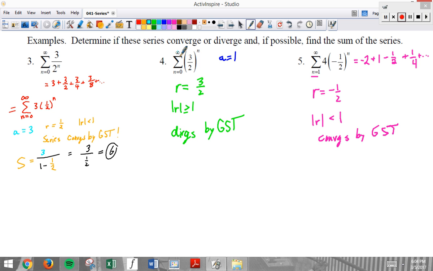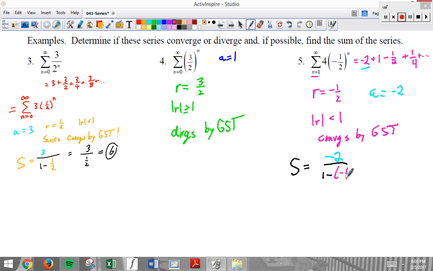Now, what is A? And here's how they can trick you. To a lot of people, A will be 4, but not so. If I plug in 1, what do I get? The first term was negative 2. So, the sum of this convergent geometric series is A, negative 2, over 1 minus negative 1/2.